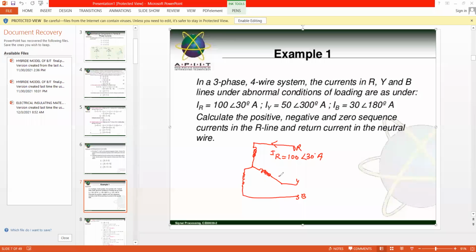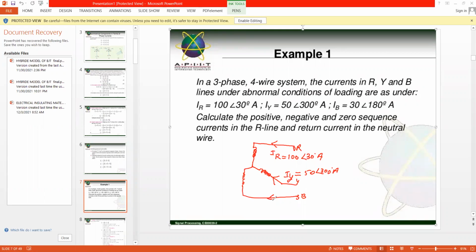Next, IY is equal to 50 ampere, the magnitude or value of current, at an angle of 300 degree.